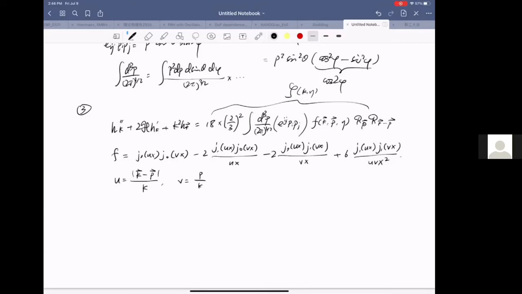So the solution is this, where the Green function satisfies this equation.